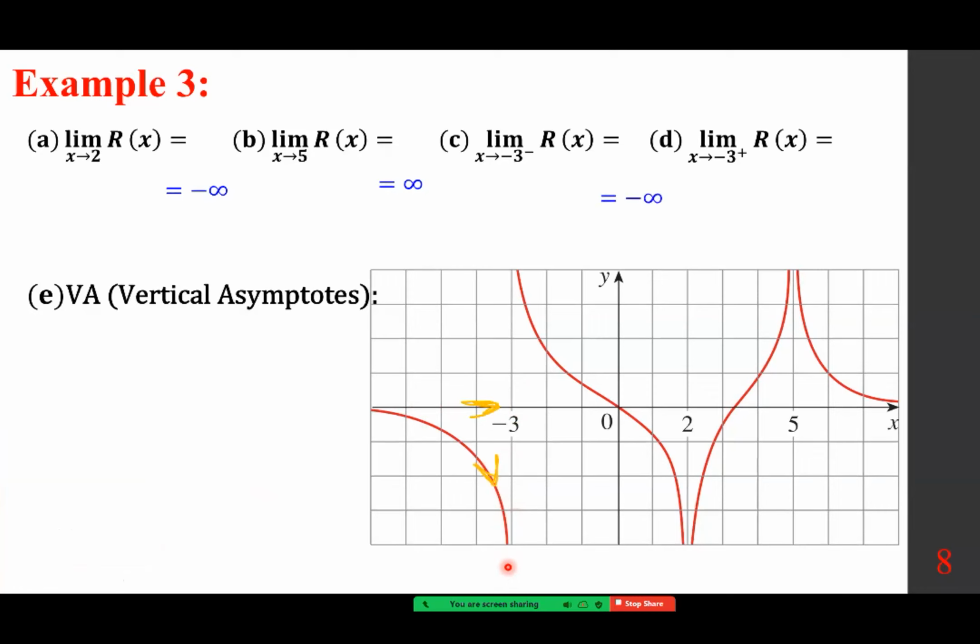Negative infinity. From the right of negative 3, that's the meaning of it. Limit of r of x as x approaches minus 3 from right.